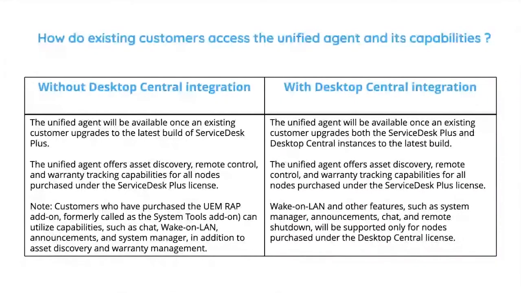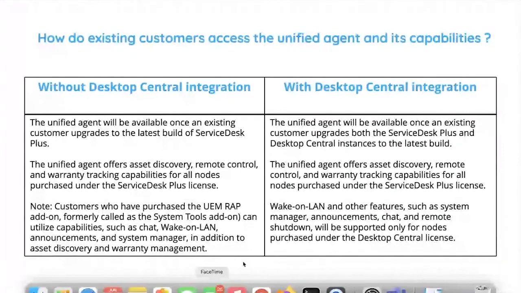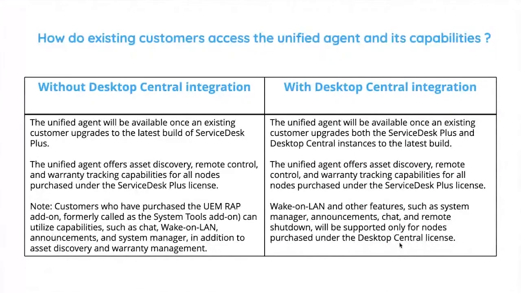The only thing is you would have to install Desktop Central. But if you already have Desktop Central, well, all of these are part of it. And the only thing you need to make sure of is that you have the relevant Desktop Central license in order for those assets to be scanned, added into Desktop Central, and the same assets to be there in Service Desk Plus.